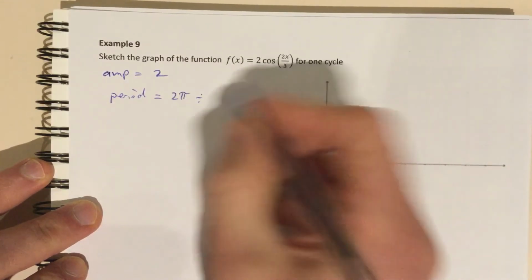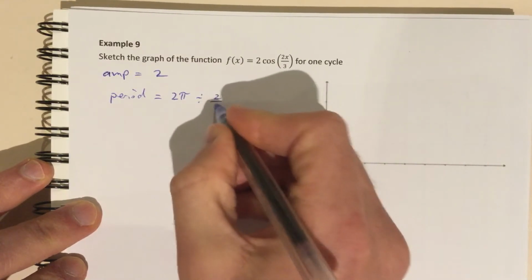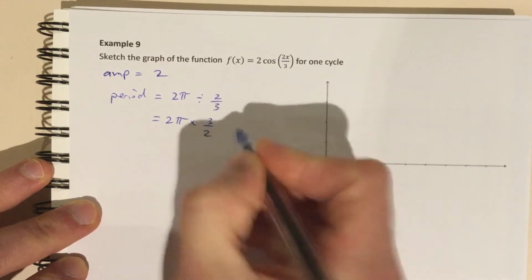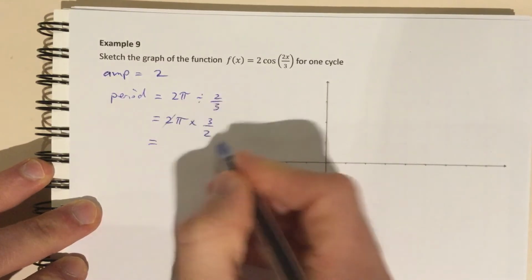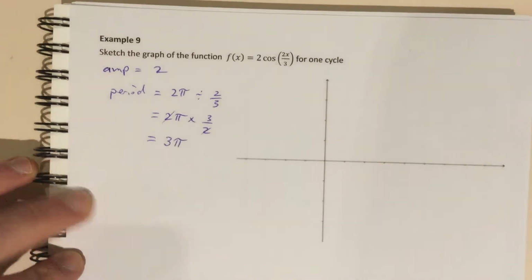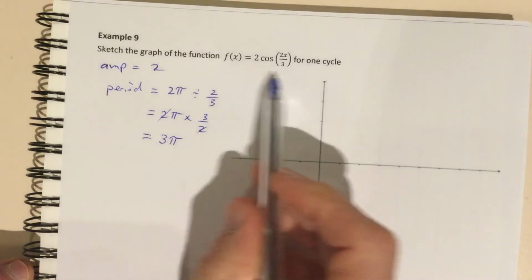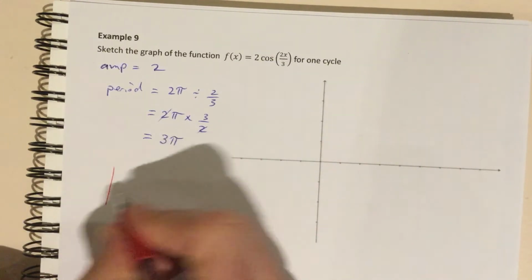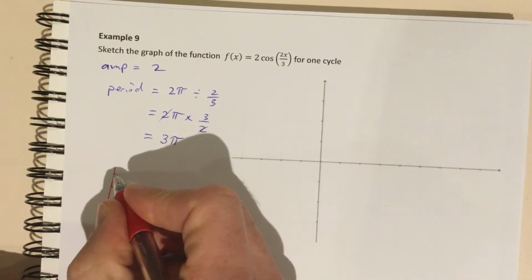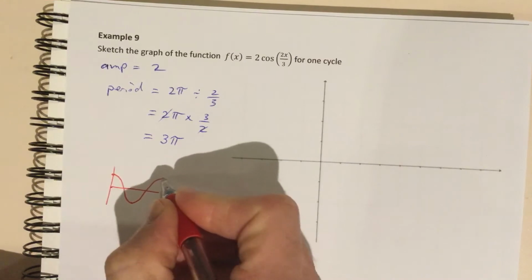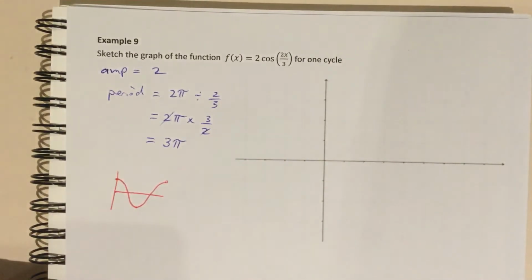So it's 2 pi over n, 2 pi over 2/3, which when we flip and times it, gives us a period of 3 pi. This time it's a positive cosine graph, so generally speaking what that looks like is: start from the top, come down, and come back up, and that would be one cycle of the cosine graph, roughly.